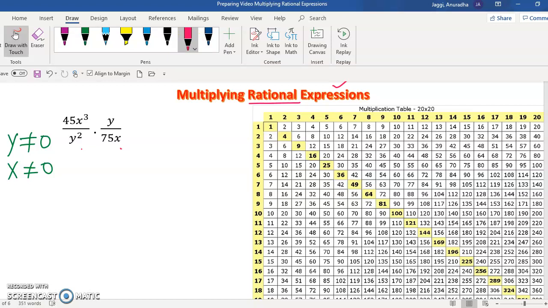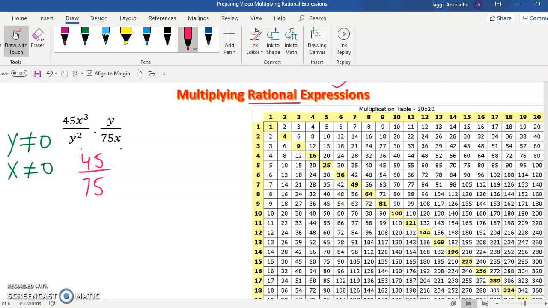So let's talk about the numbers first. There's a number 45 up here in the numerator and 75 in the denominator. Last week in the videos you saw how to simplify the ratio of numbers. You can use your calculator, find the greatest common divisor, or you can use a multiplication chart.